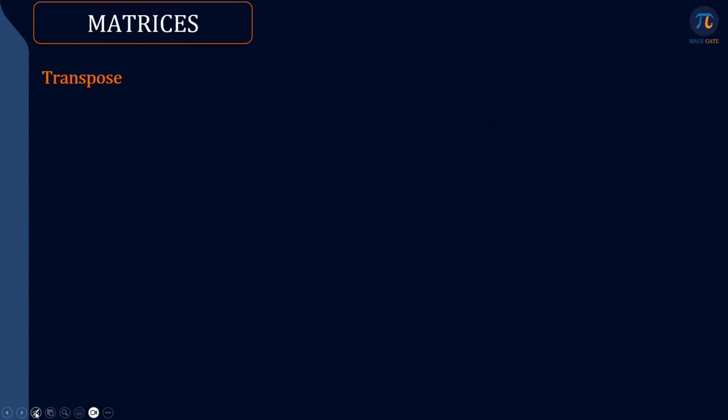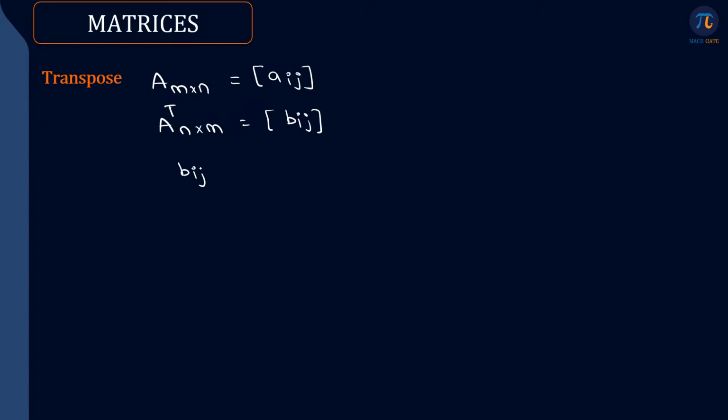Now, let us understand how to do the transpose of a matrix. Suppose you are having an M by N matrix. What is the transpose of this matrix? It is N by M. That is, we are converting rows into columns and columns into rows. So, here suppose it is the matrix Aij, then this is the matrix Bij, where the ith row jth column element of the transpose is the jth row ith column element of the original matrix.